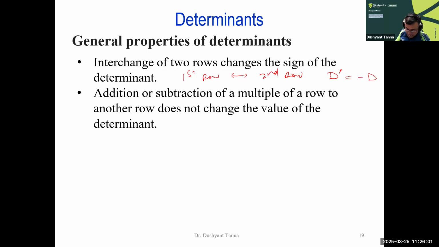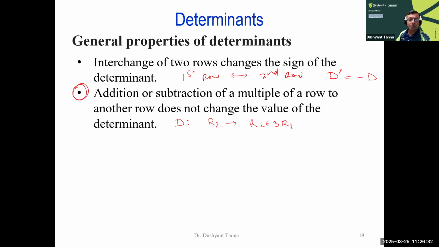This is a very important property. The most important property is this: addition or subtraction of a multiple of a row to another row does not change the value of the determinant. So what it means, let's say you have a matrix D. Now you change your row 2 to the previous row 2 plus 3 times row 1.